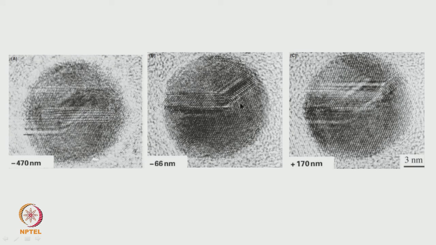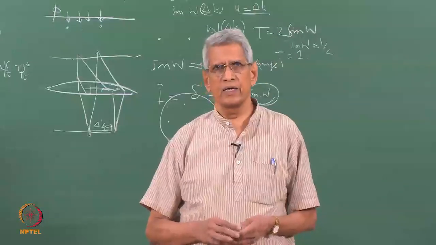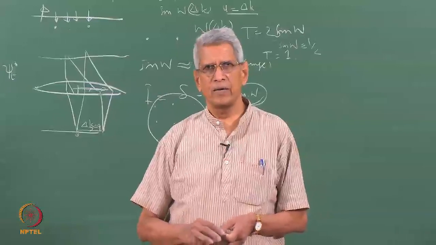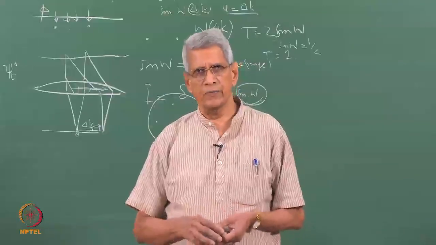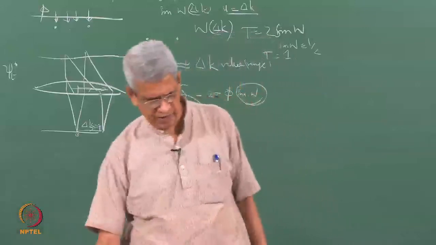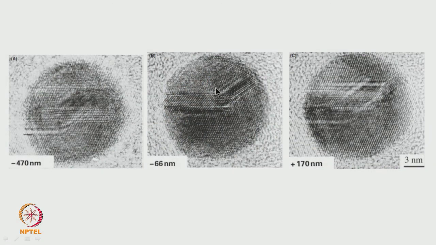Similar to that, in recent times, microscopes have come out where the spherical aberration of the lens itself can be compensated and made 0 or negative. This can drastically affect the contrast as well as the clarity of the image, and also helps in the interpretation of many of these images.